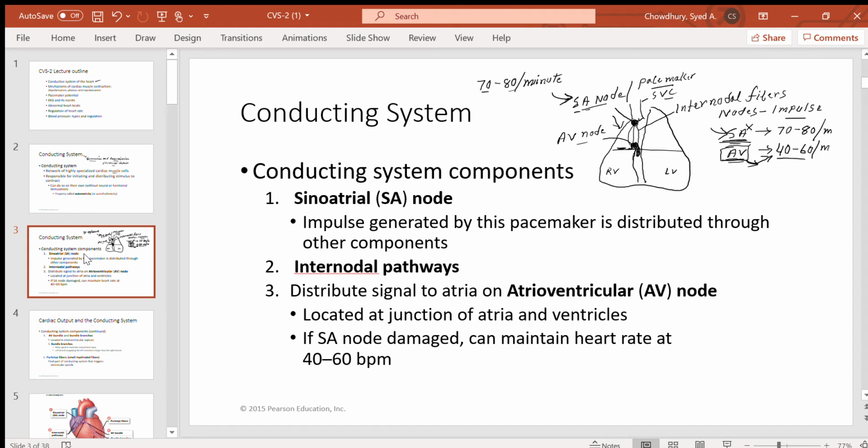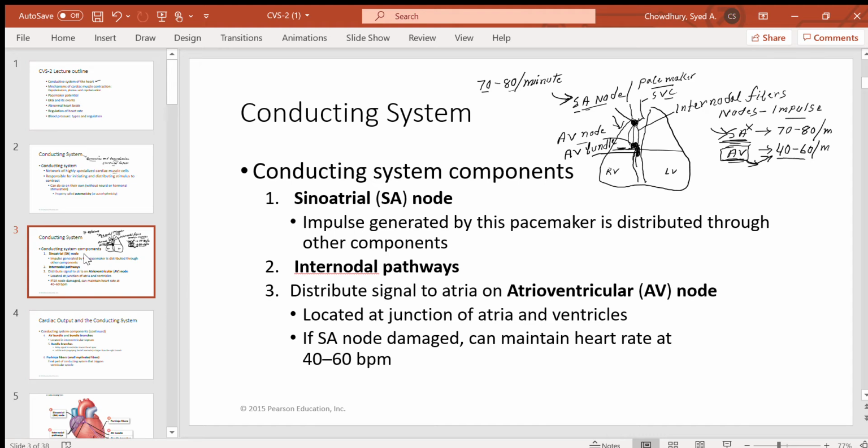This bundle of fibers is called the AV bundle because it arises from the AV node, right? Because these fibers arise from the AV node.